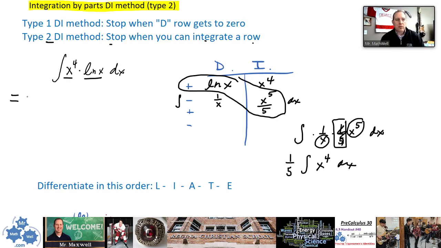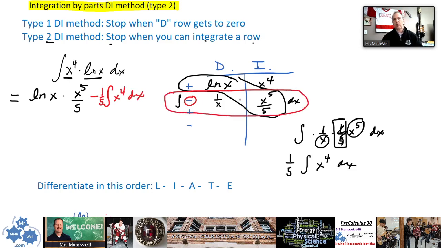And I'm going to be left with ln x times x to the 5th over 5. Okay. Now I shift to an integral. So I have minus the integral of, this is actually 1/5, minus 1/5 the integral of x to the 4th dx. Okay. So I've actually done this.